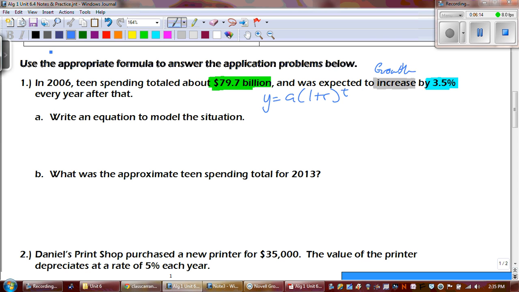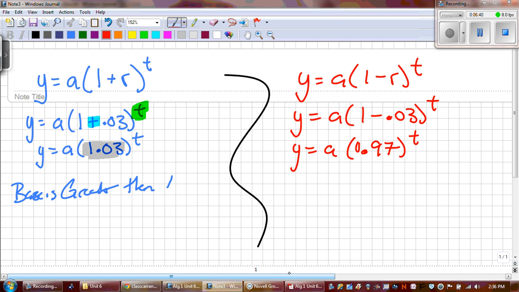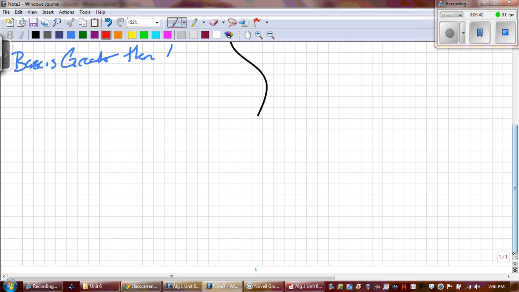Now, off to the side, I need to know what my a is, what my r is, and what my t is. Now, the a is the amount that we start with. We are starting with $79.7 billion, so 79.7. Now, my percent is 3.5%. All right, so when you've got 3.5%, you can do two different things.